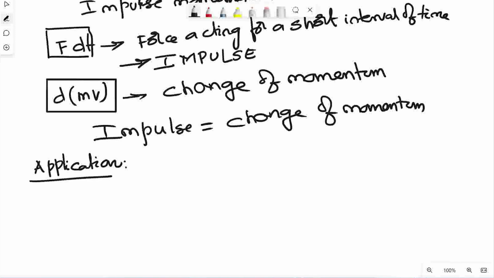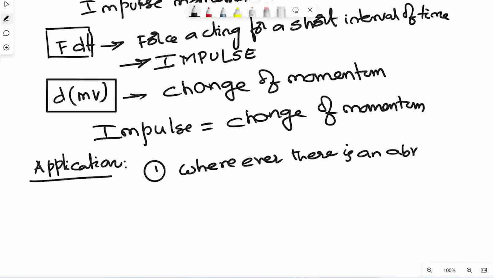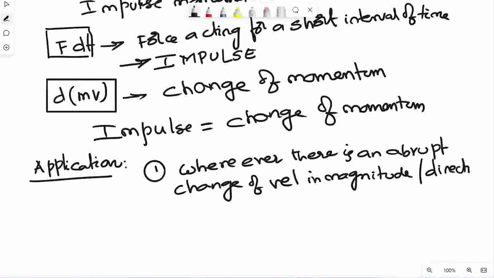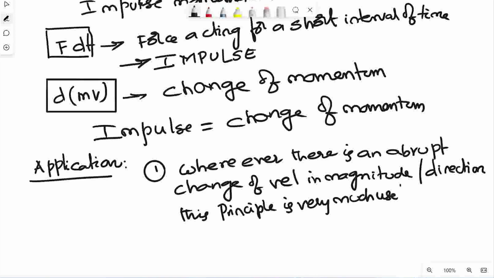Number one, wherever there is an abrupt change of velocity in magnitude or direction, this principle is very much useful for flow analysis.